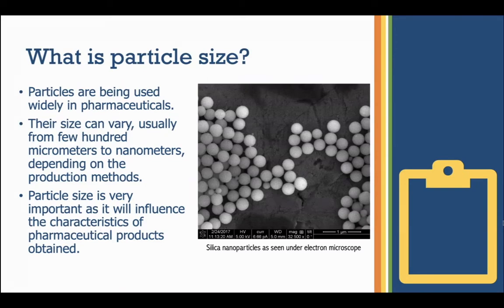So you can imagine that the particles are very small, and when we want to produce such small particles, there are numerous factors that may play roles, that may influence the production. So that's why in this case, statistical analysis is very important, because from there we can know the importance of each processing parameter on the particle size that we obtain.